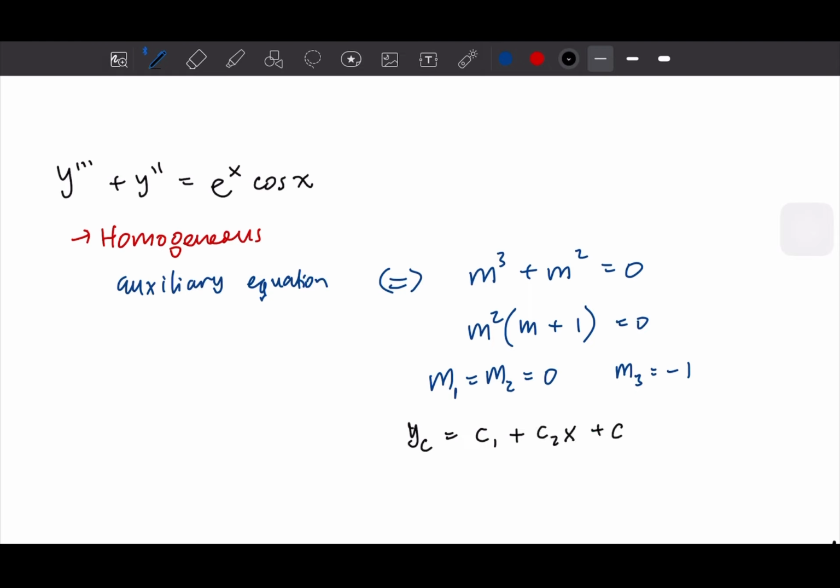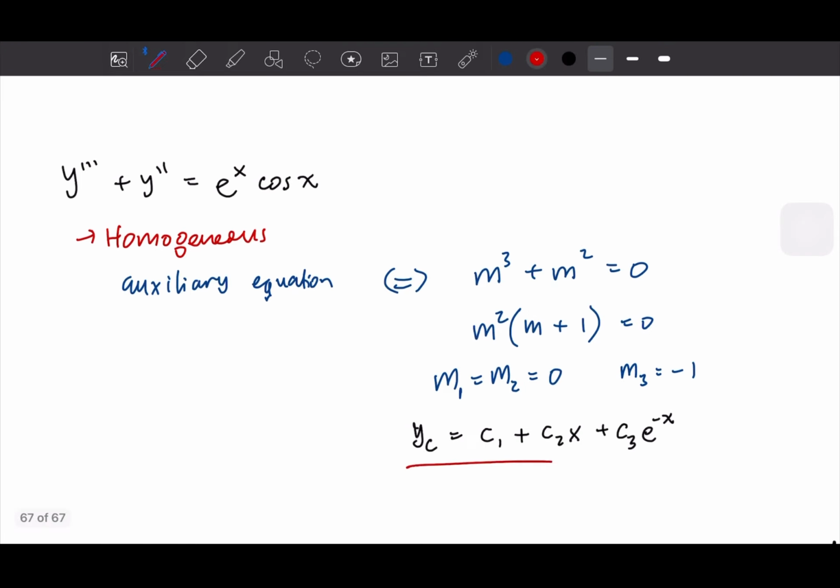And then plus C3 e to the power of negative x. So C1 and C2 are supposed to be the same constant, but because they have the same root 0, one of them needs to be multiplied with x. If it's e to the x, then the other one is x e to the x. We need to multiply with x to make it linearly independent. So that's the yc.